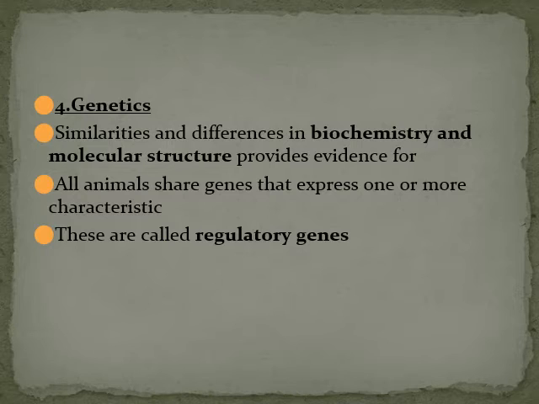Those are collections of genes that every single animal has that regulate the same functioning. For example, something like muscle. There are regulatory genes that regulate the production of muscle in all animals in exactly the same way. In other words, you as a human grow muscle the same way a bird will grow muscle.